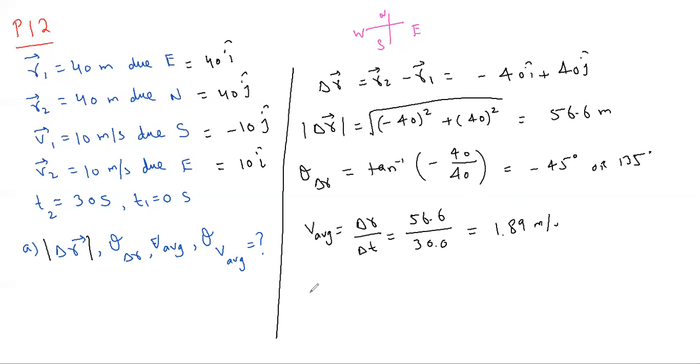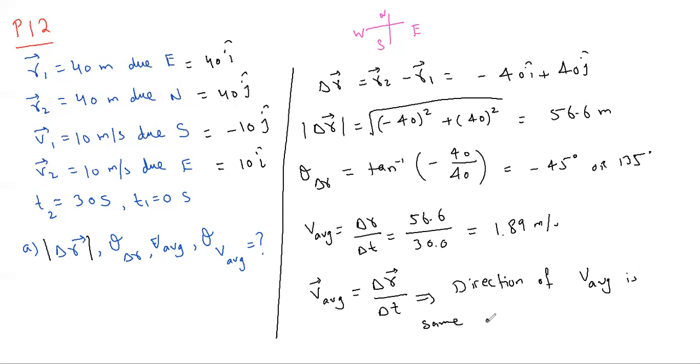And importantly, since we know that V average is delta R by delta T, the direction of V average is the same as that of delta R. So these are the required answers.